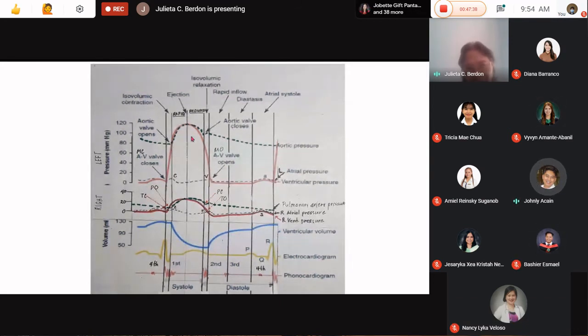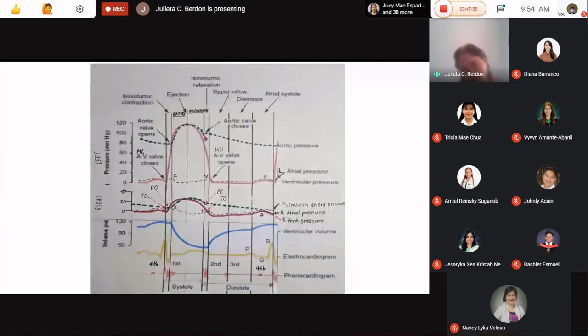Okay. So in reduced ejection, ventricular pressure is now less than aortic pressure. Supposedly, it can no longer eject blood, because ventricular pressure is now less than aortic pressure, right? We said blood flows from greater to lesser pressure.